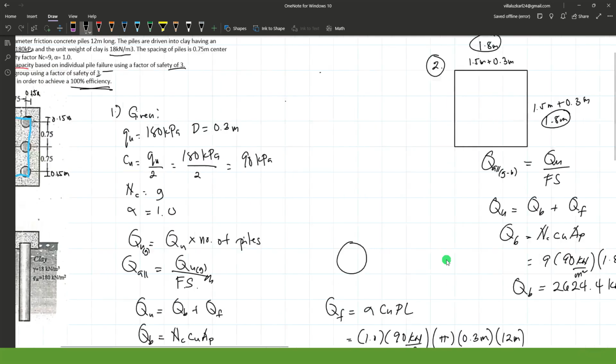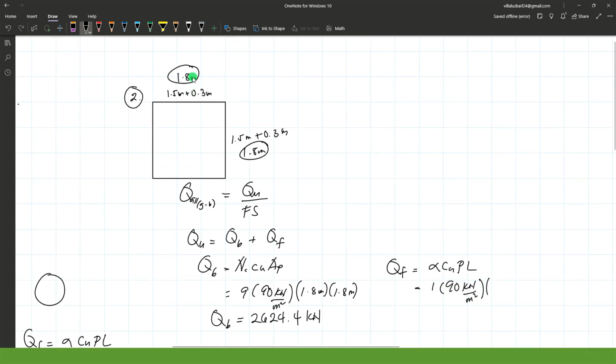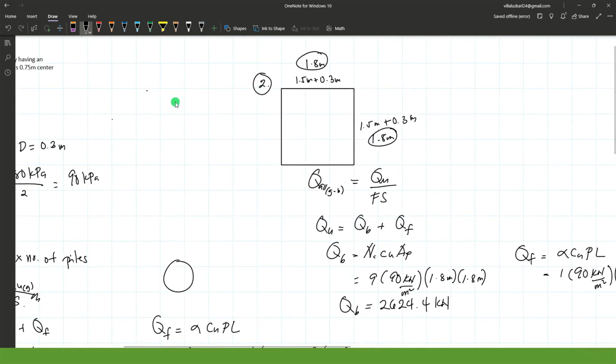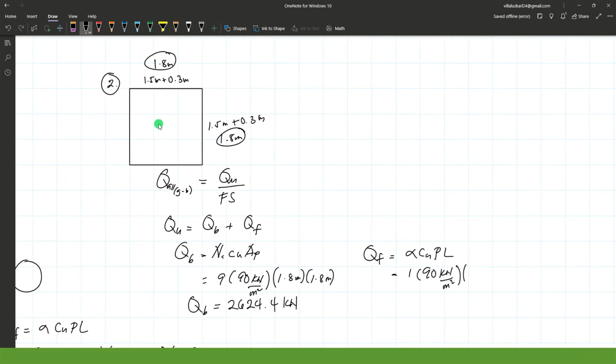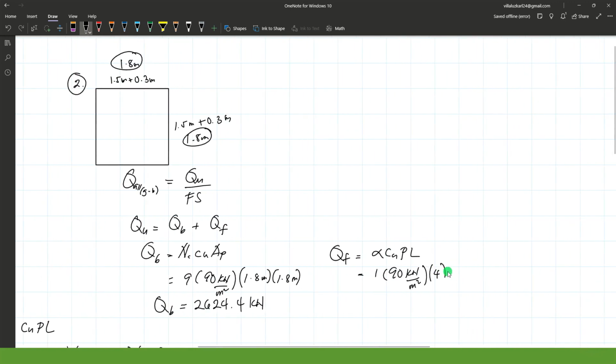For QF, we have alpha Cu P L. So alpha is also 1, Cu is 90, and P, the perimeter. Since this is also a square in shape, the section of the pile group or the block formed, just multiply 4 for each side: 1.8 times 4, or simply add the 4 sides of 1.8.